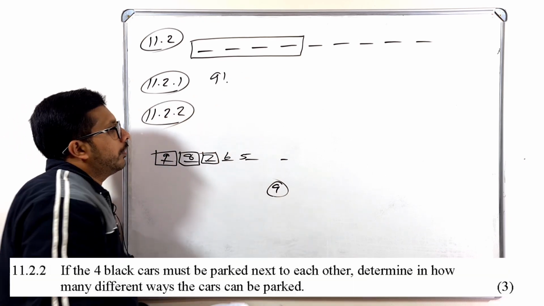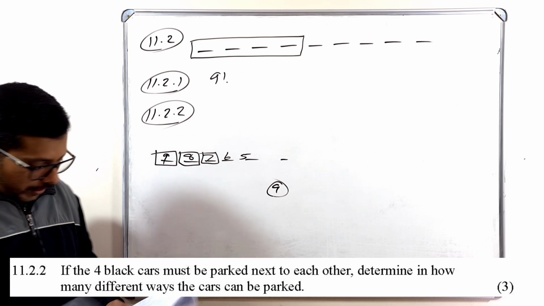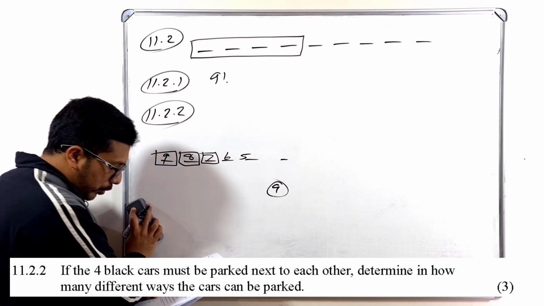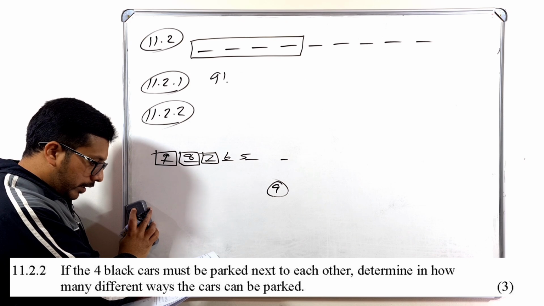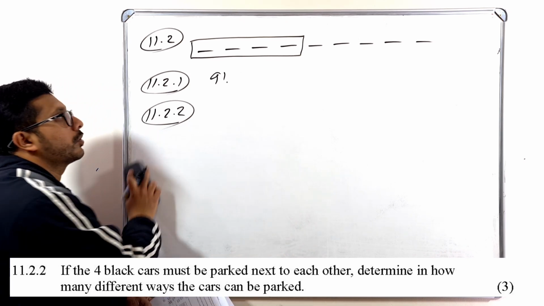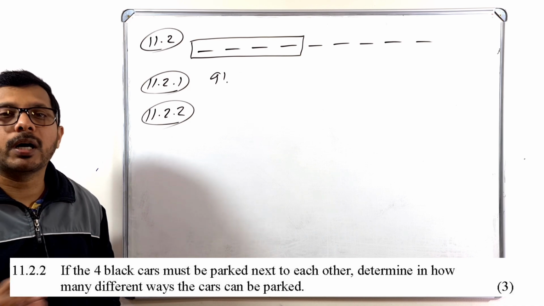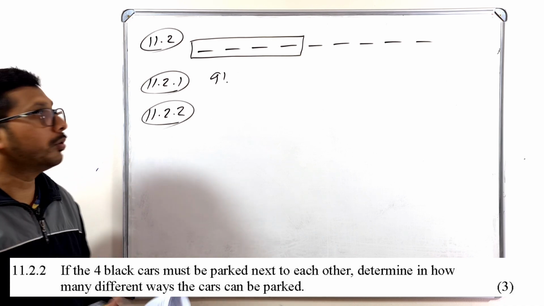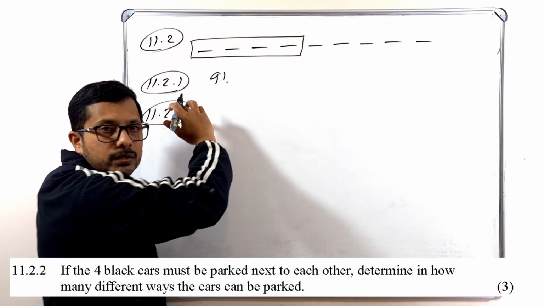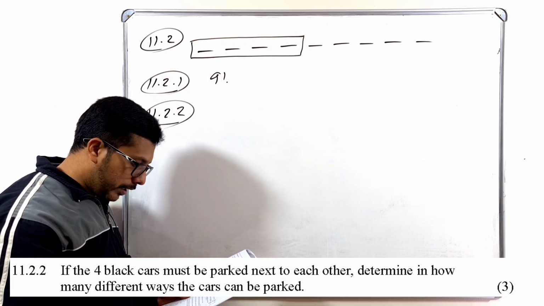11.2.2. What is that one? If the 4 black cars must be parked next to each other, determine how many different ways the cars can be parked. So now there is a condition that 4 cars want to park next to each other together. How many different ways? Is it how many or probability?